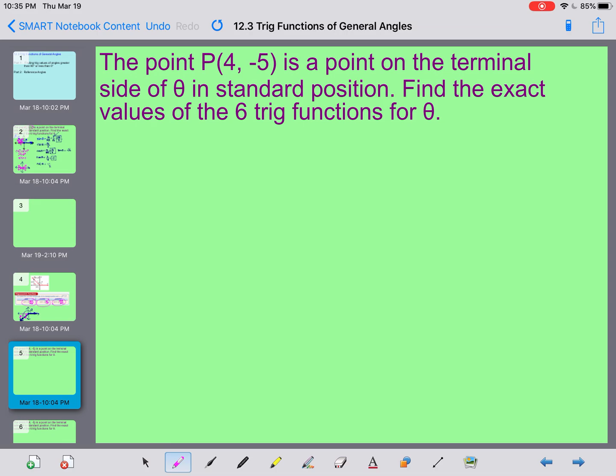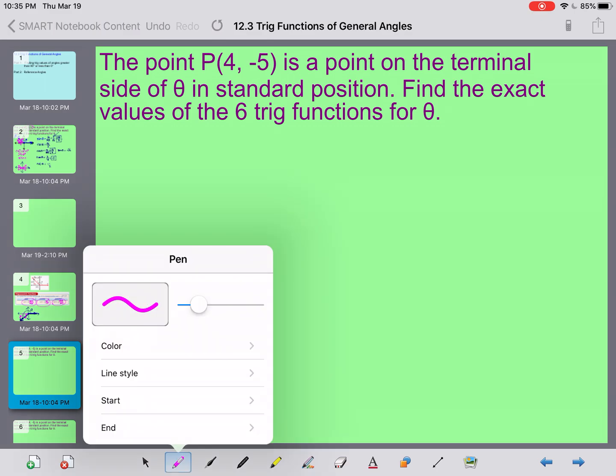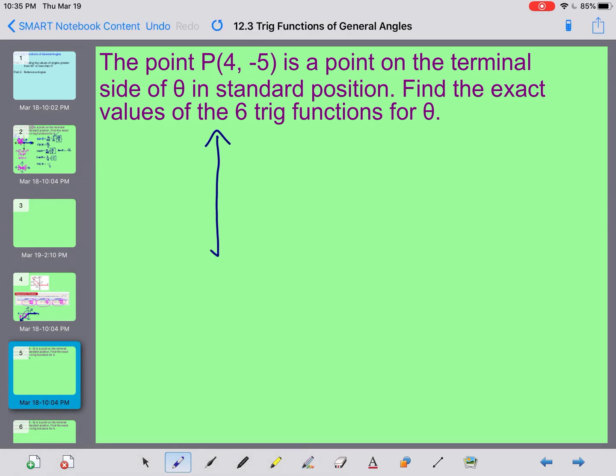The point P, 4, negative 5, is a point on the terminal side, so same exact wording. So if you want to pause and actually try the problem yourself, you can. All right, so here's my initial side. I'm going to do the picture method first. So 4, -5 would be around here.